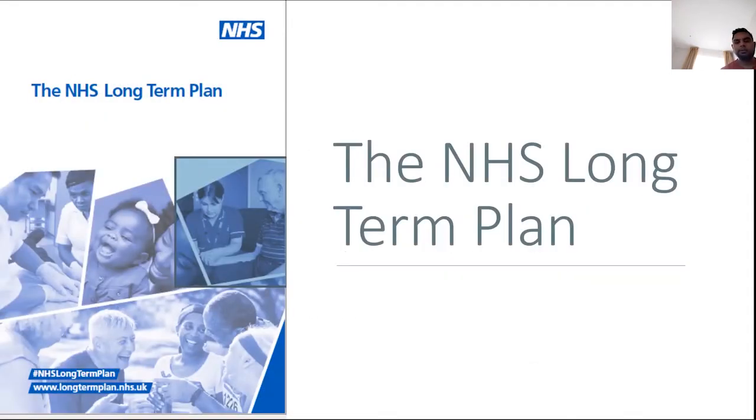Now, in terms of the National Health Service strategy, obviously the long-term plan was published in January of 2019 and set the precedent for what the health service should be aiming for over the next 10 years.